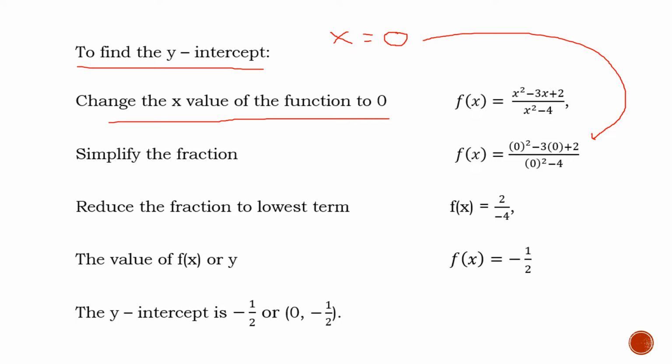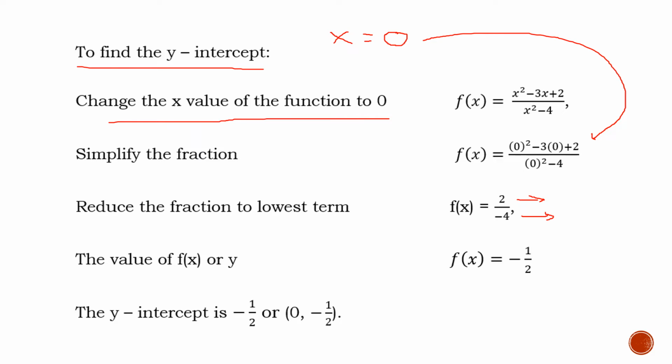Simplifying, the remaining value for the numerator is positive 2, and for the denominator is negative 4. Since 2 and 4 are divisible by 2, we can get the lowest terms, and our final answer is negative 1 half.